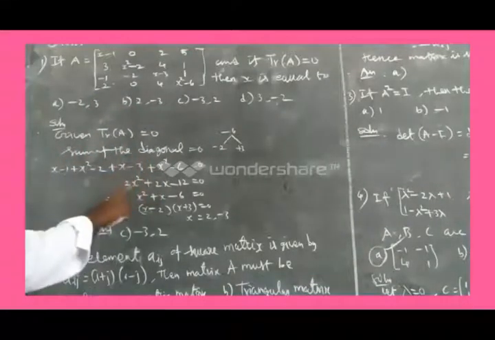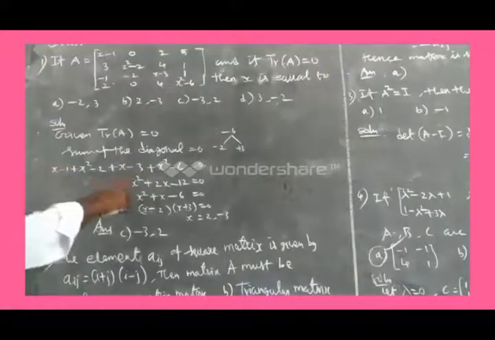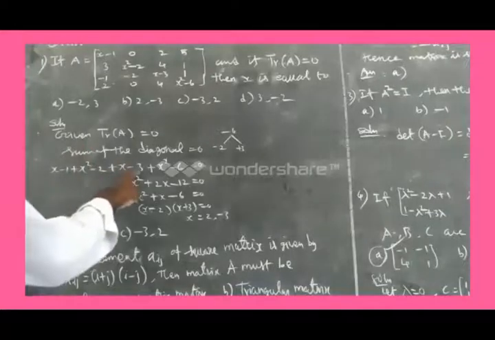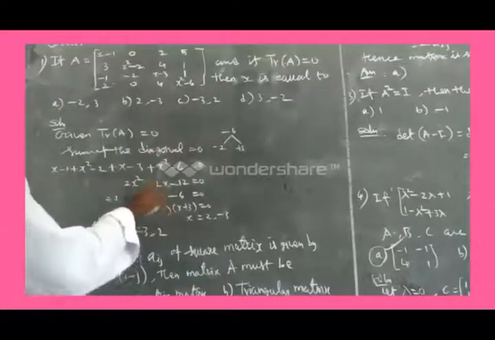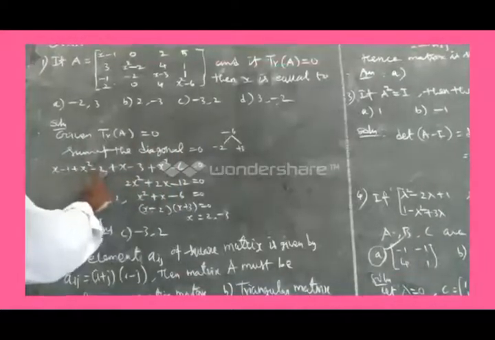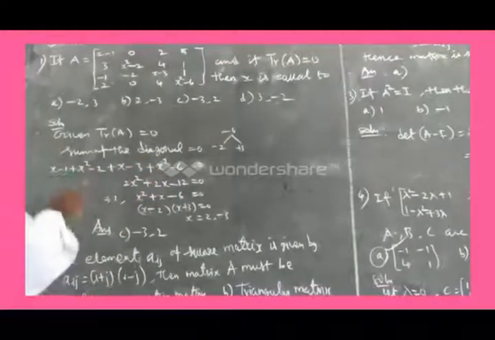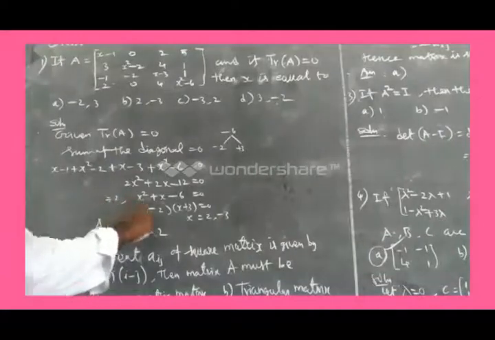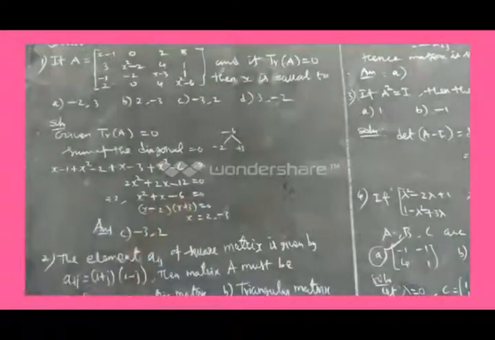So, x square plus x square, 2x square; x plus x, 2x. Minus 1 plus minus 2, minus 3, plus minus 3, minus 6: minus 12. So, divided by 2, x square plus x minus 6 equal to 0.